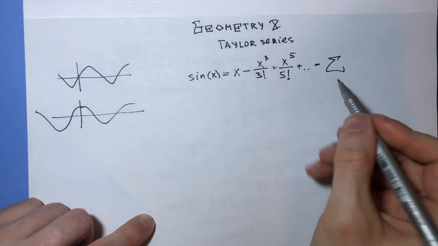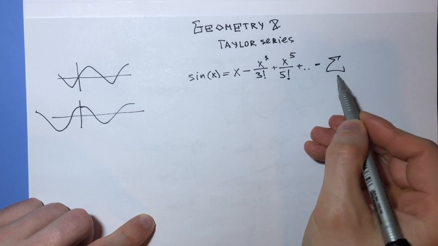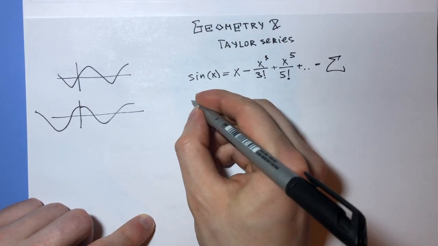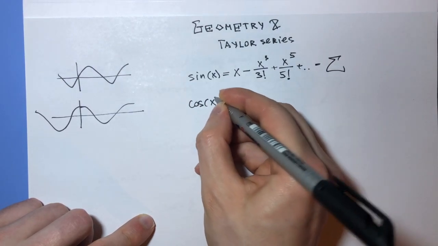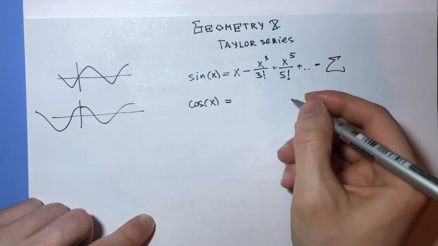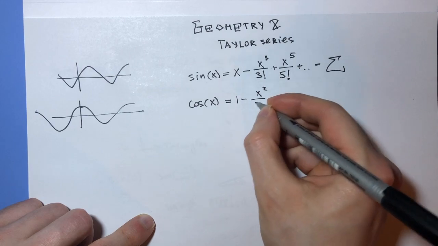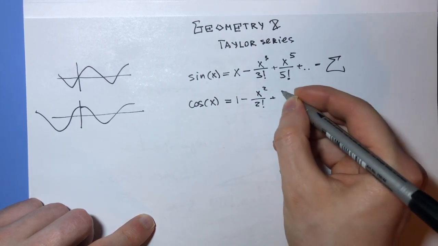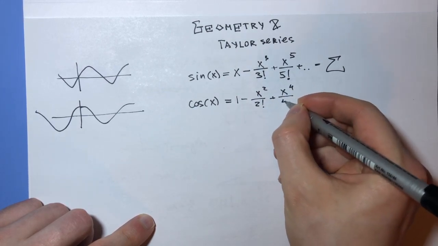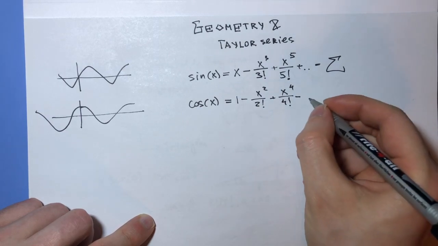So a small exercise for you is to write a general formula. And cos of x is 1 minus x squared over 2 factorial plus x to the 4 over 4 factorial minus and so on.